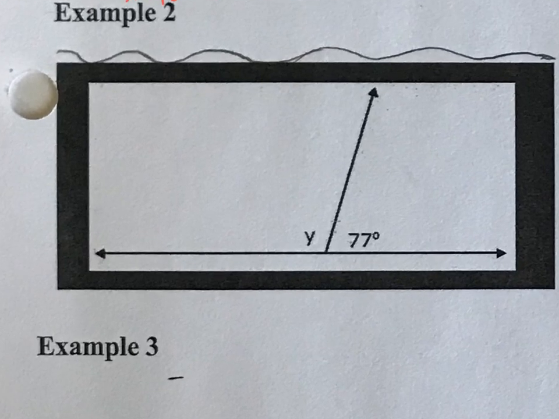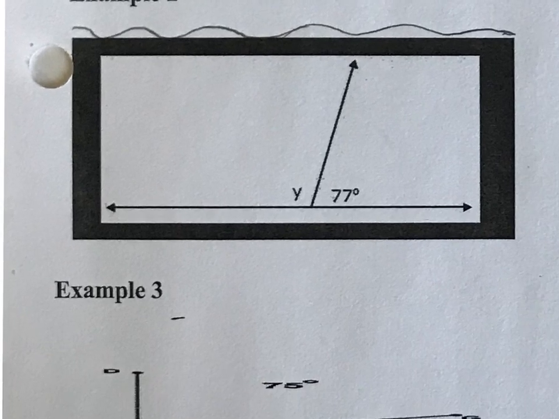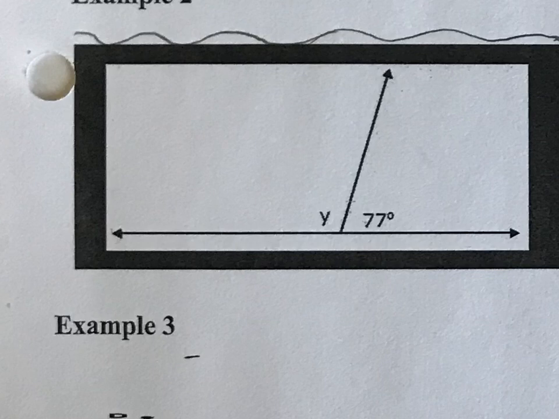Example 2 is an example of a supplementary set of angles, two angles that make 180 degrees. They didn't give us an equation, but we're going to make our own. We're going to say y plus 77 equals 180, because together they are supplementary. So how would I solve for y?